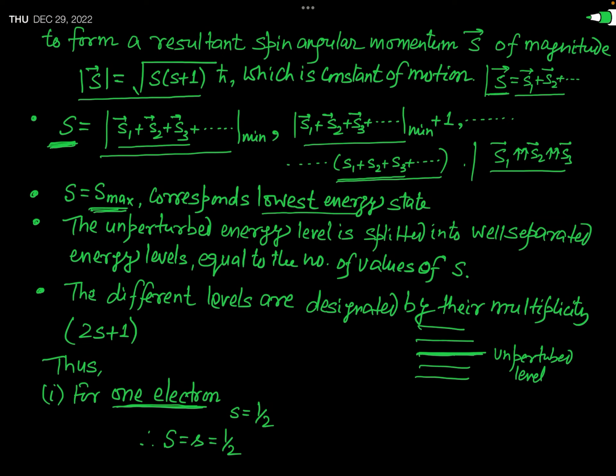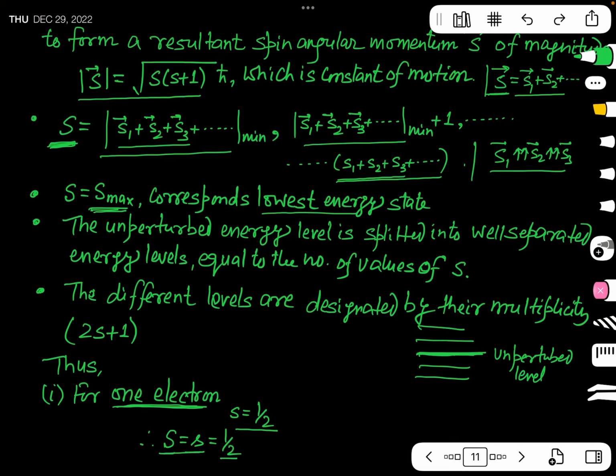If there is one electron, then s will be equal to half. You know the spin quantum number small s is equal to half. So in this condition, the capital S, that is the resultant spin quantum number, and the individual spin quantum number will both be the same, equal to 1 by 2.